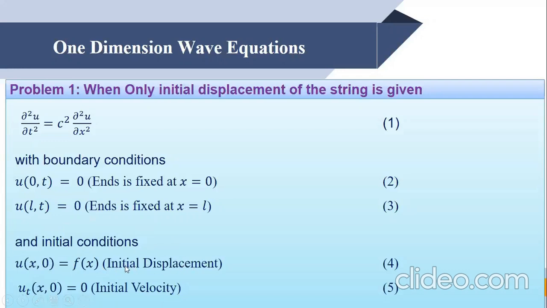Only initial displacement is given, so we write u(x,0) is some function f(x). And velocity is 0, so u_t(x,0) is 0. So 4 and 5 are the initial conditions.